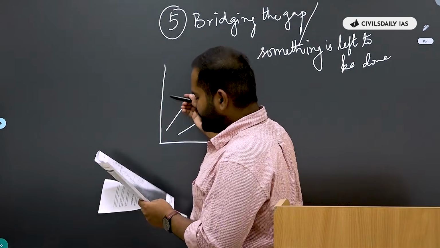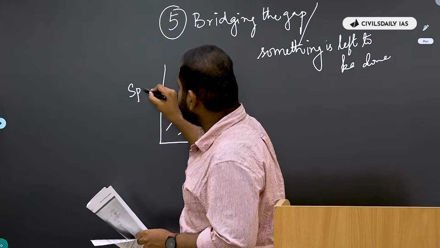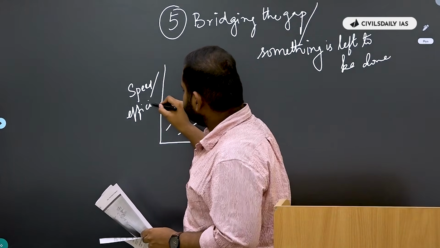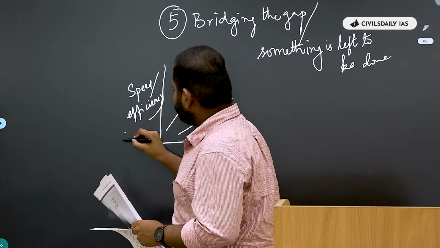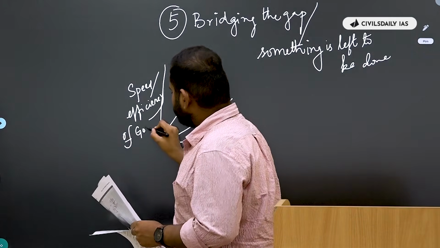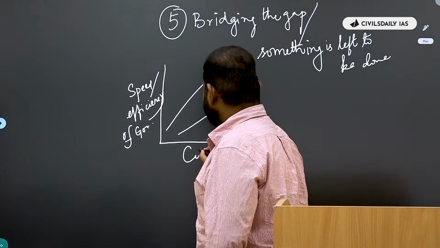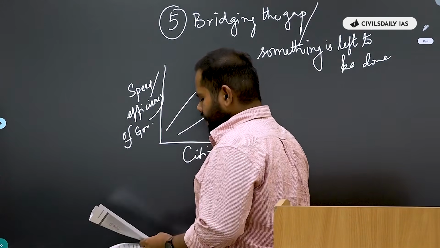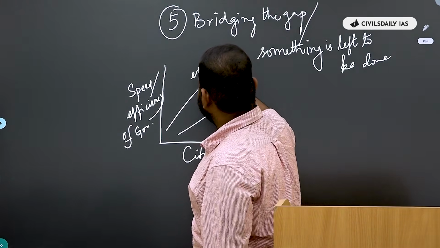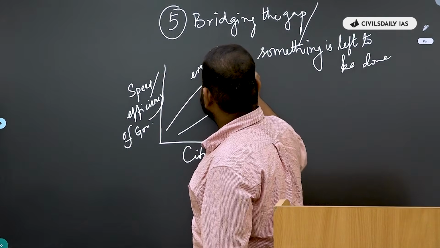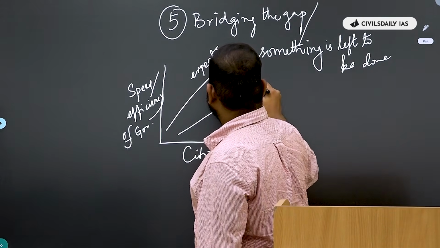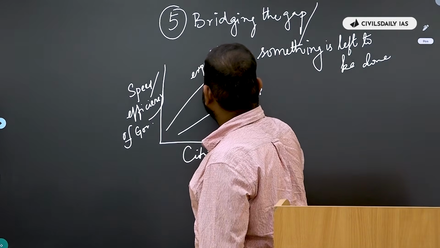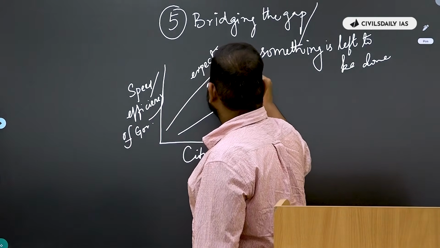For example, I have the speed or efficiency of governance, and here is citizen satisfaction. I say this is the expected speed and this is the reality, and this gap is filled by e-governance.